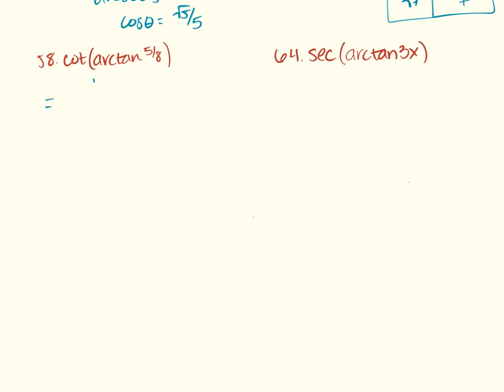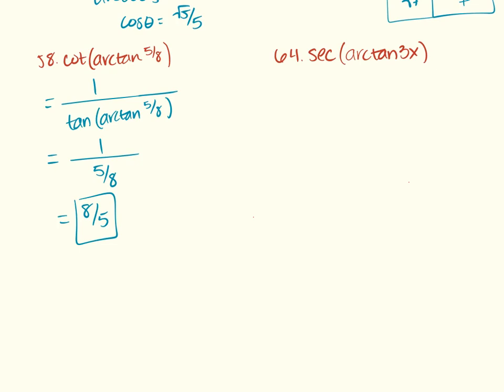So this is equal to 1 over tangent of our angle, which is arctan 5/8. And if you remember, when we take the tangent of an arctangent, it's just the function value. So this is 8/5. No triangle needed. Now, this only works when you have the inverse trig function here, okay? So in this case, we got tangent. If you don't have this, you cannot do it, all right?